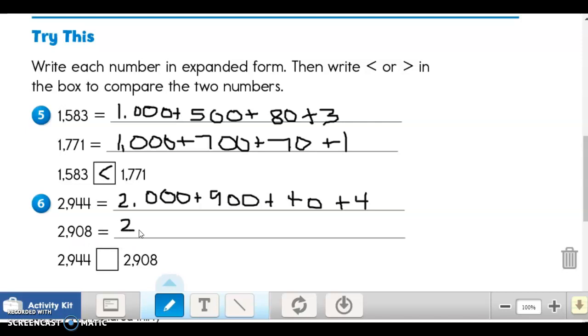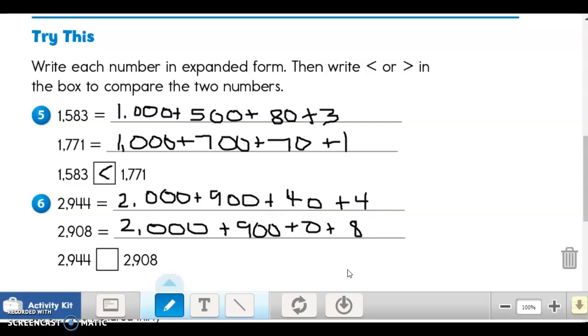So that again would be 2,000 plus 900. That's the same. Plus 0 plus 8. I caught a mistake, friends. Did you catch mine? I bet you did. Or maybe it's just because I didn't write it very carefully. I better make that a 4. 2,900 plus 40 plus 4.